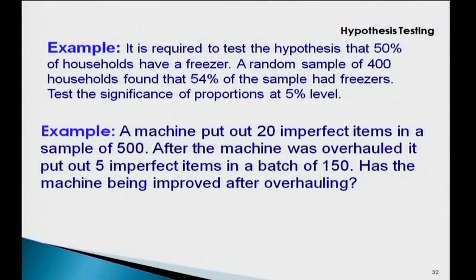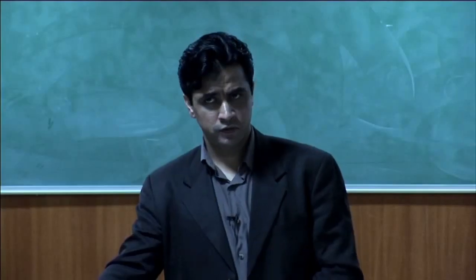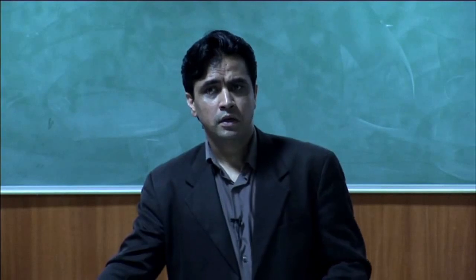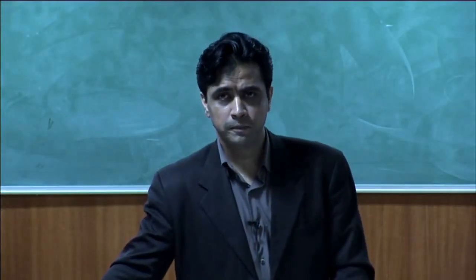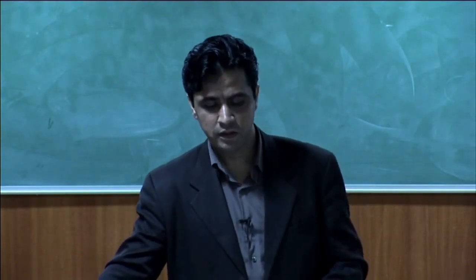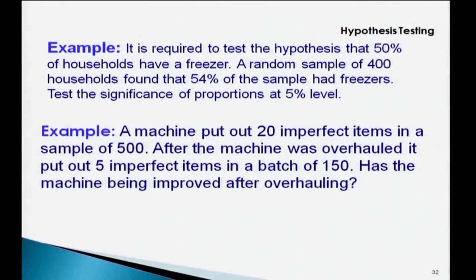After the machine was overhauled, it put out 5 imperfect items in a batch of 150. Has the machine improved after overhauling? Initial data says 20 out of 500 were imperfect. When you get your machine serviced or overhauled, now 5 are imperfect out of 150.